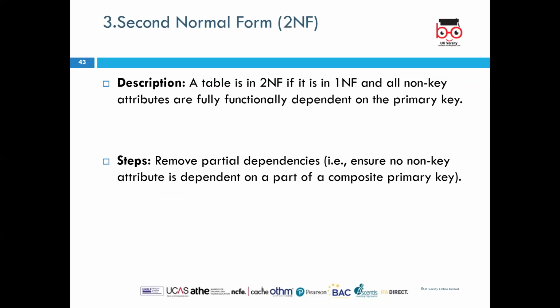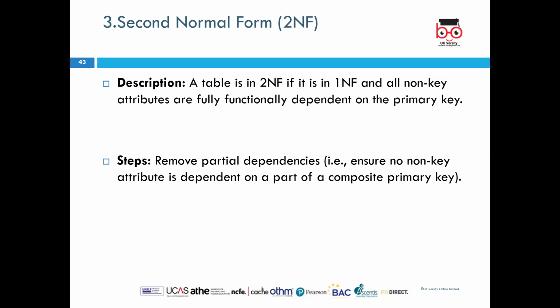Second normal form. A table is in second normal form if it is in first normal form and all non-key attributes are fully functionally dependent on the primary key. So what is it going to do?